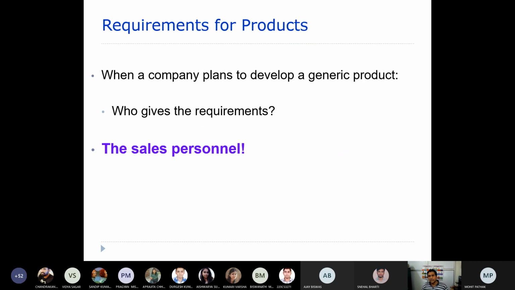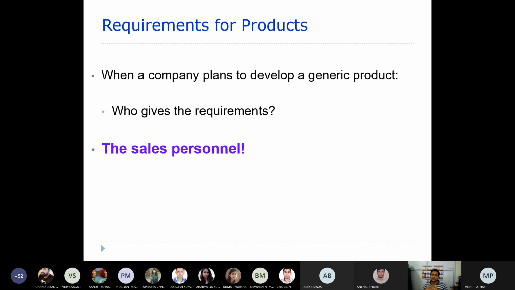Usually, requirements for products. Let's say in the case of any hardware product, or any product in the market, maybe a generic product which can be used by various customers. In those scenarios, who is going to give these requirements? You can think of toothpaste.